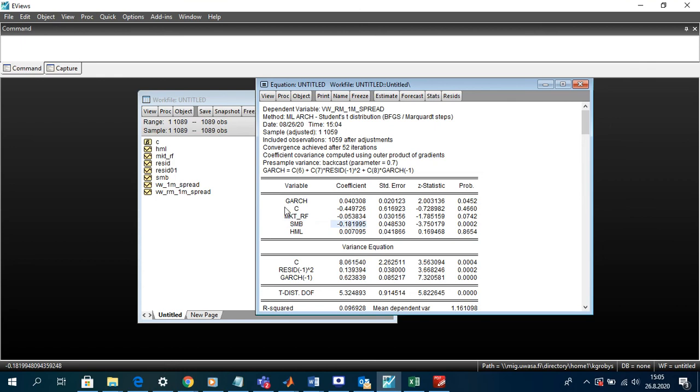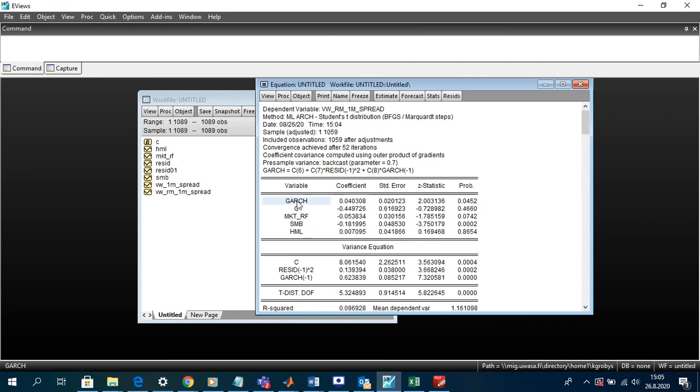But the interesting point is again the alpha, which is given by C in our EViews output. It's negative, but the point estimate is statistically not different from 0, implied by the p-value of 0.47 in rounded figures.